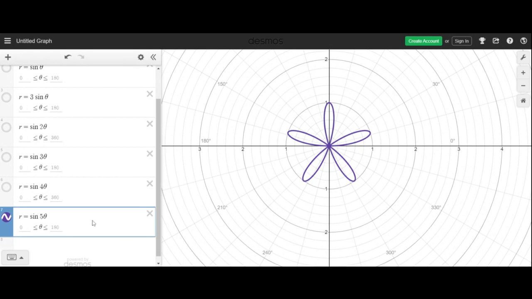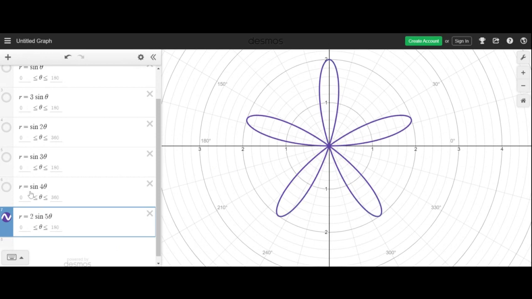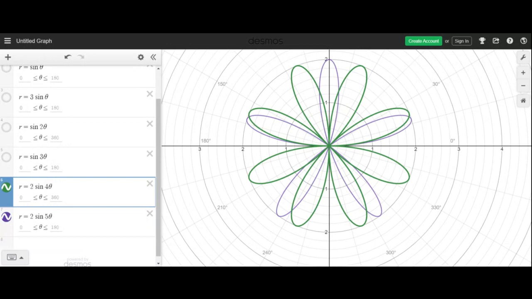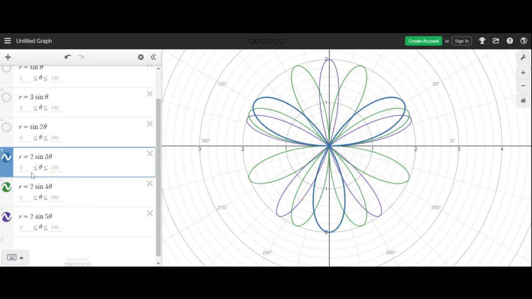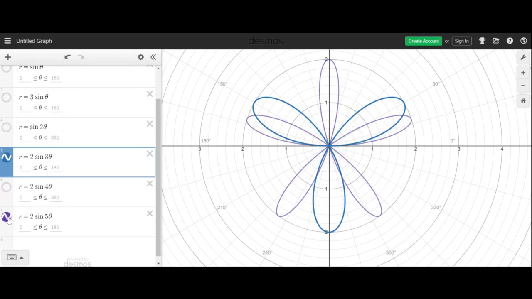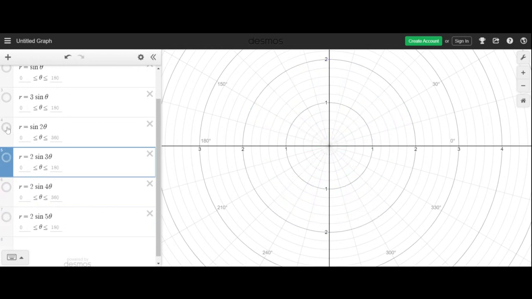Let's come out here and put a coefficient. What if we had a 2 here? So the 2 in front just lengthens the petals. Oh, that one's kind of hard to see now. So the number of petals fits that pattern we were looking at.